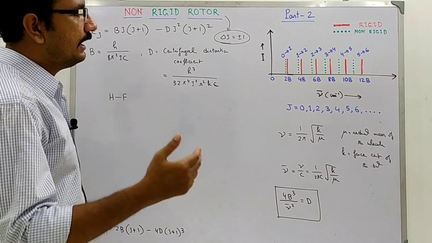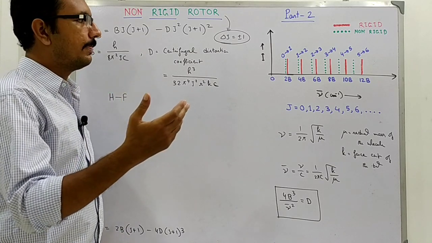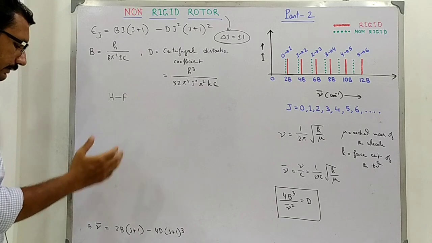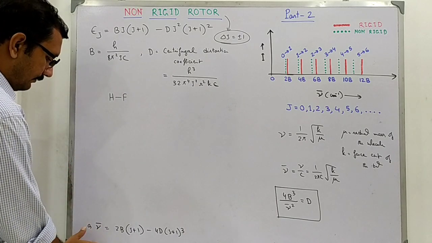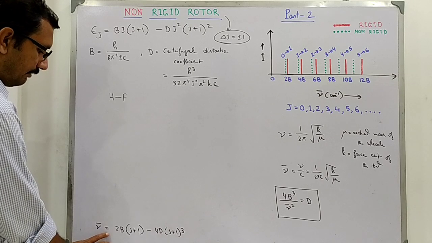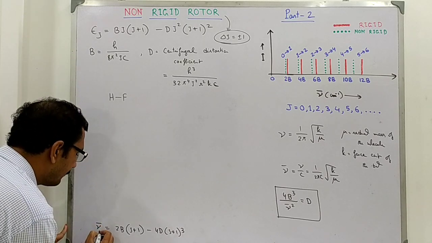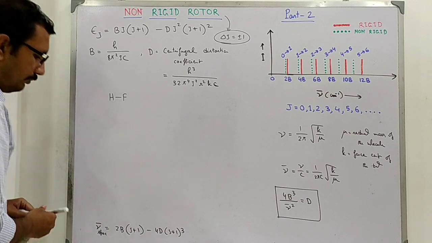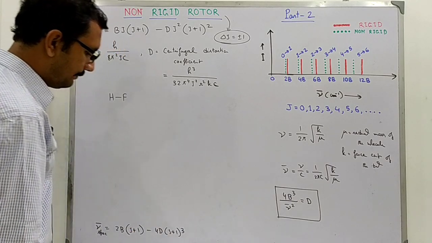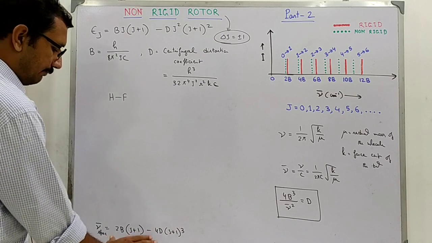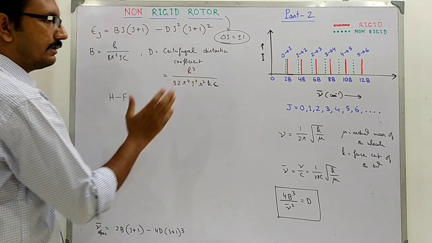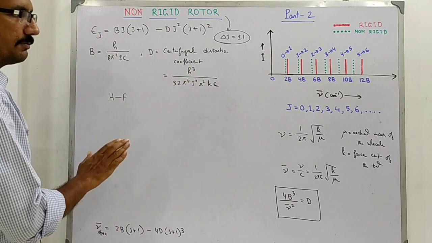So, we have a large amount of data, and you see this equation: nu bar spectra equals 2b into j plus 1 minus 4d into j plus 1 whole cube. This equation guides the position of the spectral lines, as I discussed in detail in the previous part.